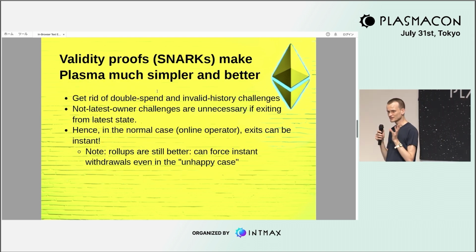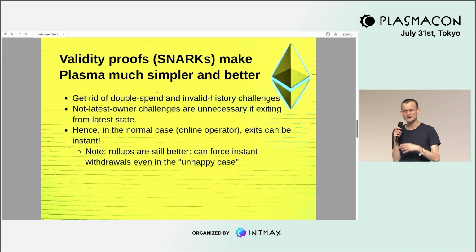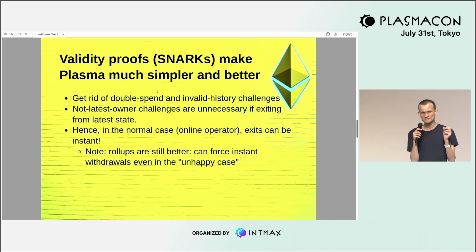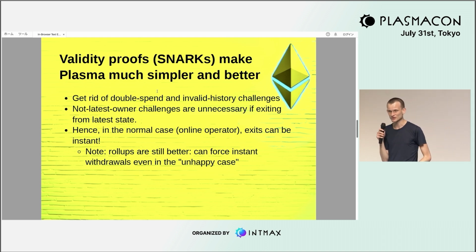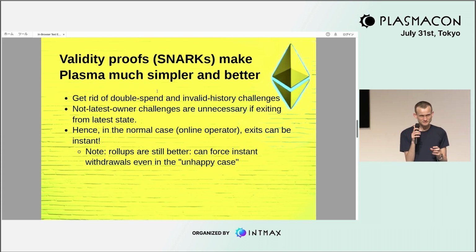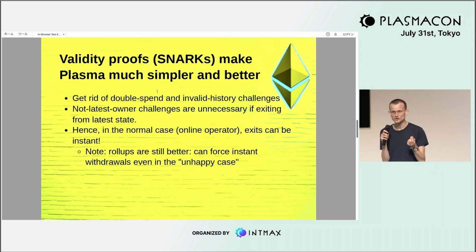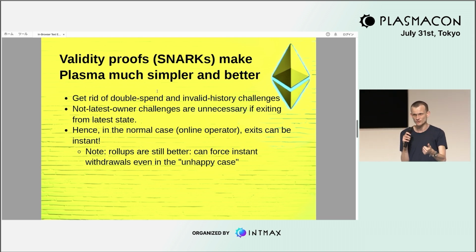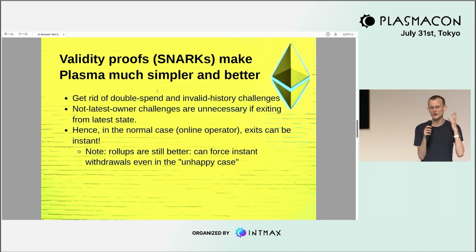Now, one of the challenges with Plasma back in 2018 and 2019, when people were really seriously thinking about this, is that especially once you try to go beyond NFTs and make this work first for fungible tokens like ERC20s or ETH, and then for decentralized exchanges, then for other applications, the challenge games become very complicated.